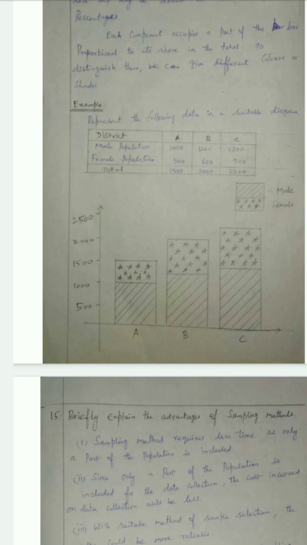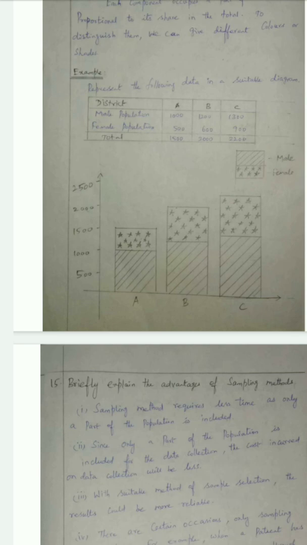So we can draw the subdivided bar diagram. First we can draw the male population. District is considered as the x-axis and the population value as the y-axis.